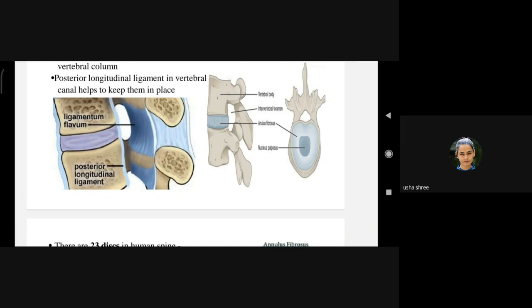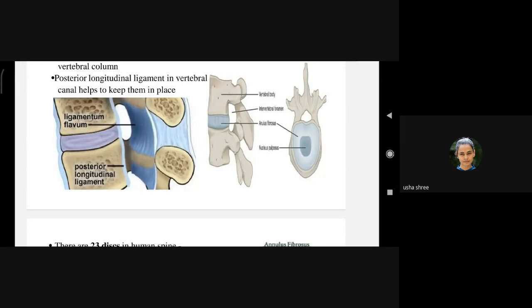Means it makes a frame for the vertebrae, to not dislocate from that position.